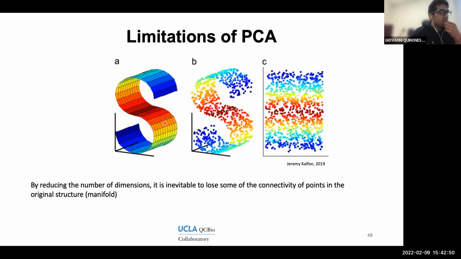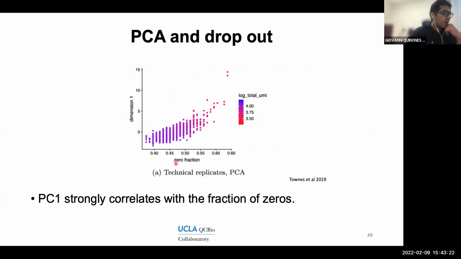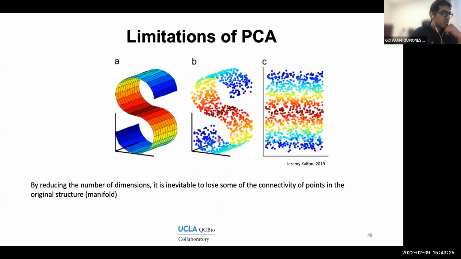And this is just something inevitable when it comes to PCA: if the original topology of your data is too complicated, if in the high dimensional space some data points were close together, it is very possible that after PCA they will be further apart, and therefore we lose some biological insights. So how do we go about dealing with that? Well, I'll mention some of the strategies that we'll use for PCA in order to maintain as much of the original information as possible.